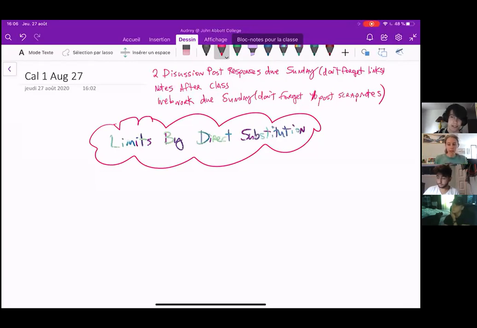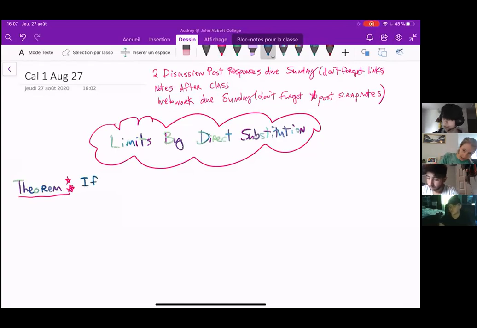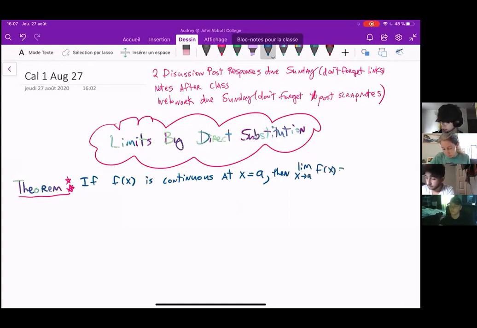So limits by direct substitution, we have this theorem from that. And this theorem is basically the definition of continuity. It tells me that if f of x is continuous at x equals a, we just said that what continuous means is for the expectation to meet the reality, then the limit as x approaches a of the function is equal to f of a.